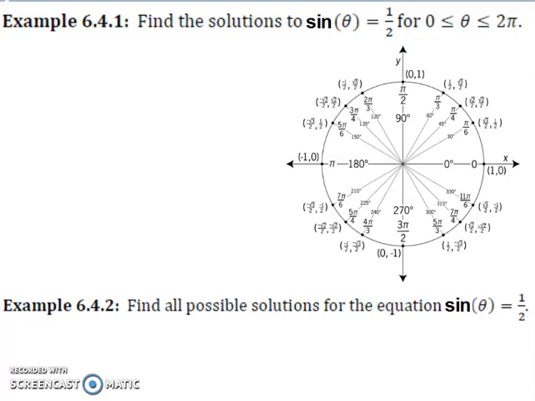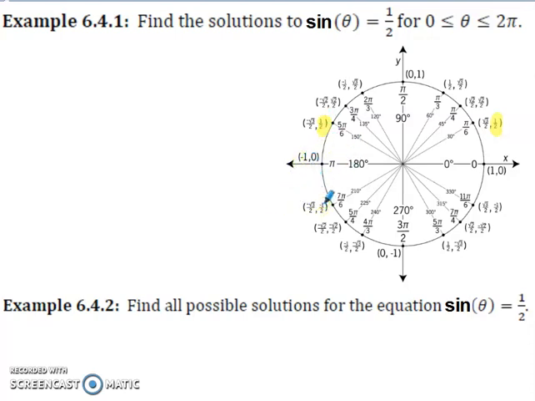So on the interval from 0 to 2 pi, I'm looking for sine, or a y value, of 1/2, and I see that occurs at pi over 6 or 30 degrees. Then looking around at my y values, I see that it also occurs at 5 pi over 6, which is 150 degrees.